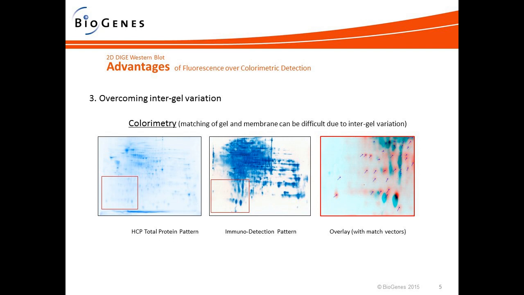So that's also a reason why we like to switch to fluorescence, because you need, as I said, multiple blots to be sure about the detection and not have overstaining.